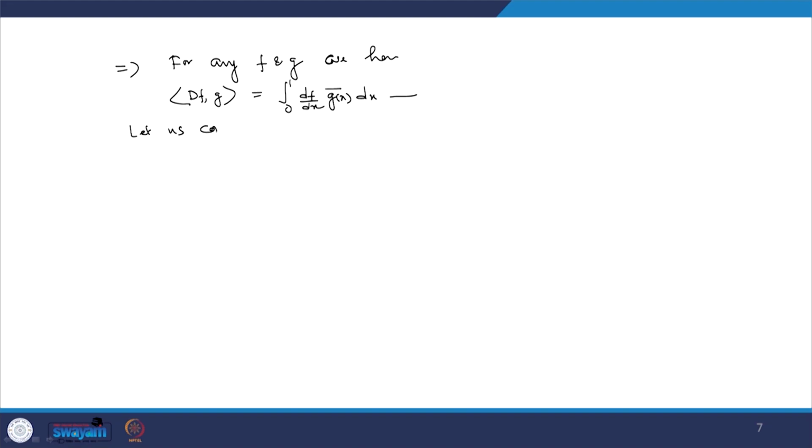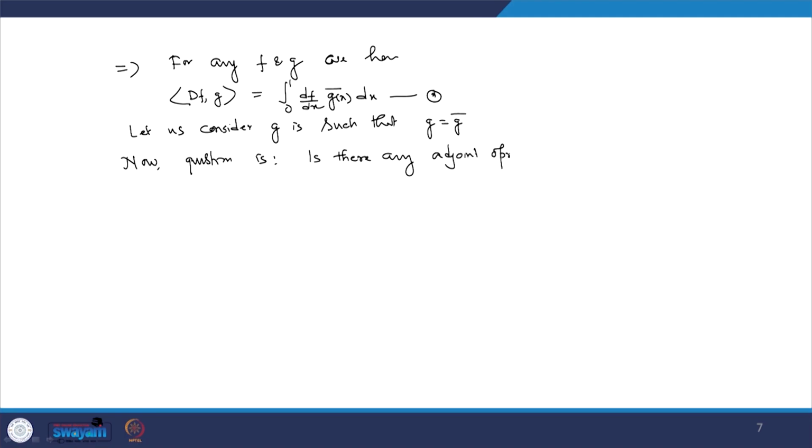Let us consider g such that g equals g bar. I mean, the coefficients of the polynomial g are real. Now, the question is: is there any adjoint operator D star for the above D?